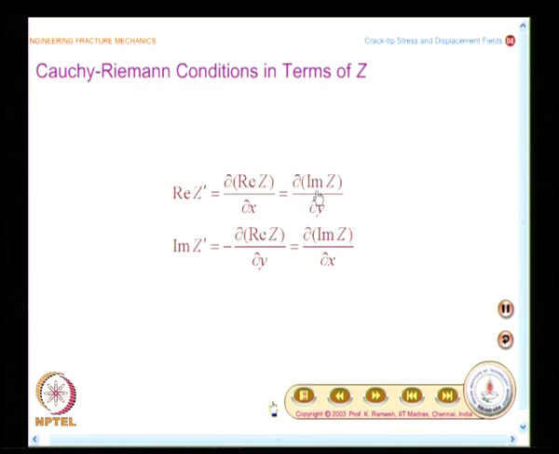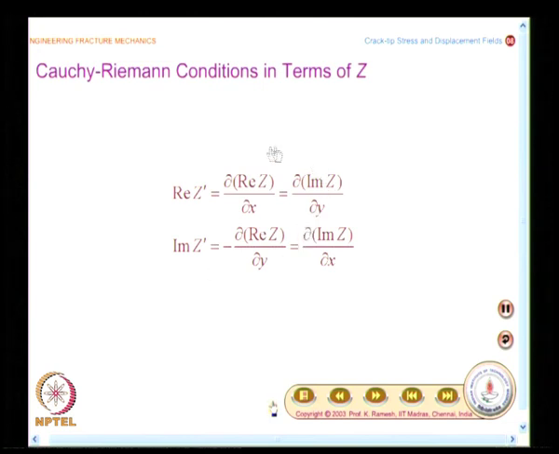When I differentiate with respect to x, the real part remains real, whereas when you differentiate with respect to y, there is a flip over: imaginary part turns to real, and in the next equation the real part will turn to imaginary. This you have to keep in mind.